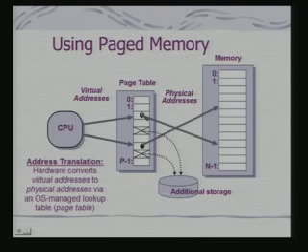A process occupies memory area, and that memory is divided into a number of pages. Here we are talking about P pages for a process P. So, a process is divided into P pages, and all information about these pages is maintained in a page table. So, there are P entries in this page table.